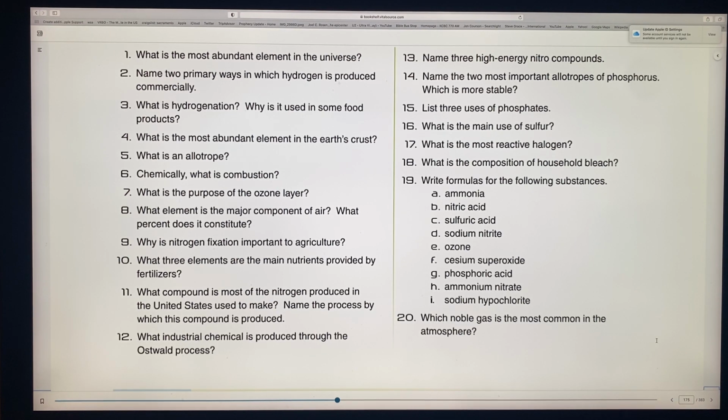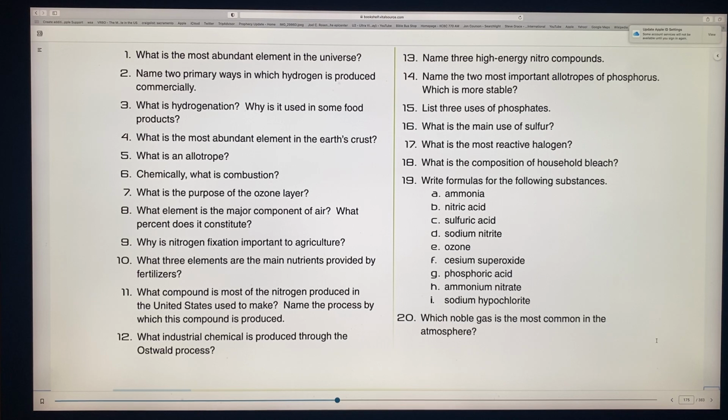So Haber. Number 12, what industrial chemical is produced through the Ostwald process? The Ostwald process takes nitrogen and makes it into nitric acid. So both of these, the Haber process and the Ostwald process, have to do with nitrogen.